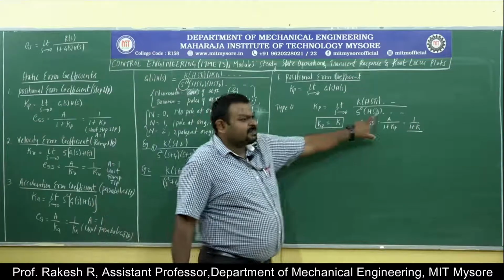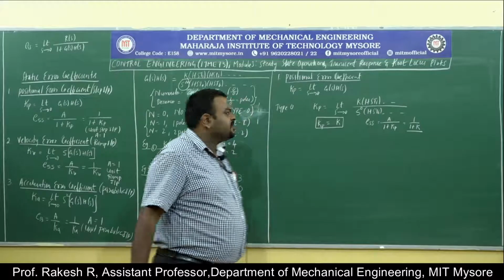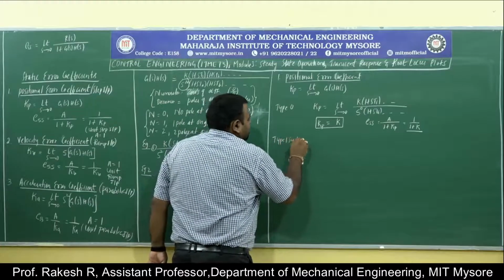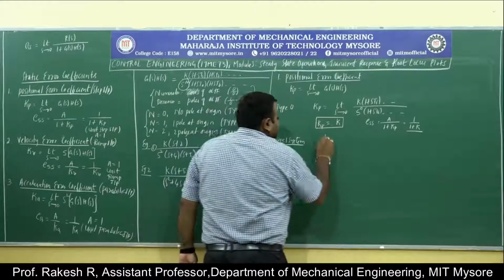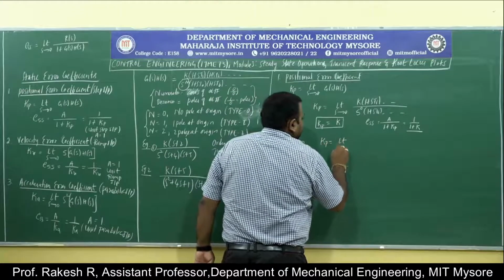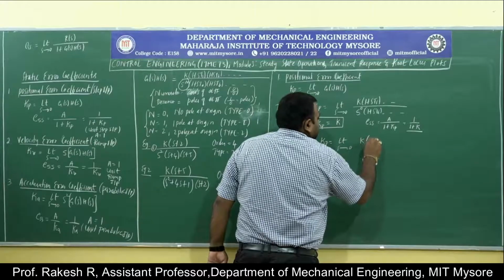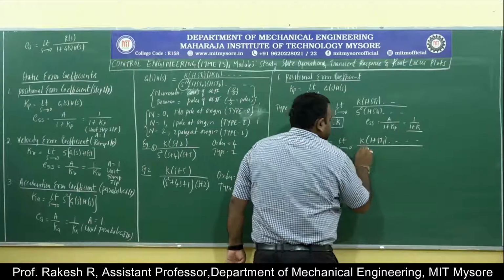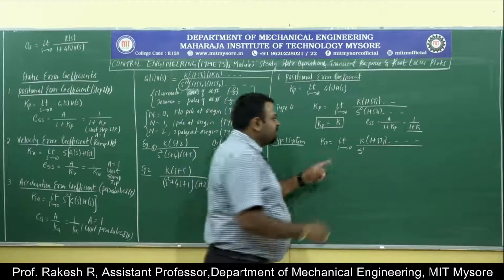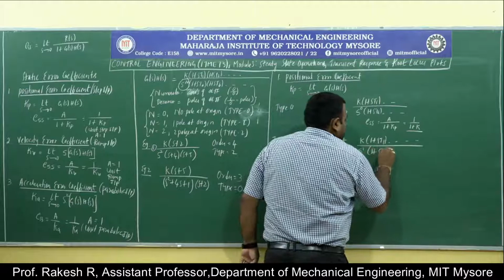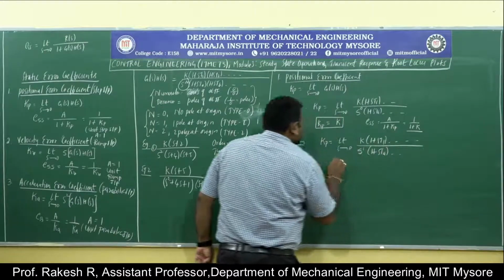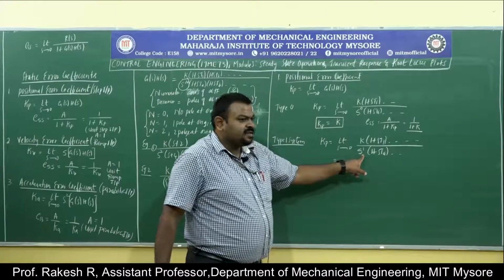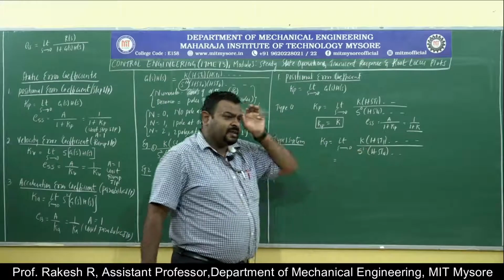This means there is some steady state error magnitude here. Next, if I consider a type 1 system, again Kp will be equal to limit of s tends to 0, K into (1 plus s T1) etc. divided by s, since n will be equal to 1 here, (1 plus s Ta) etc. If I solve this, since there is an s term here, if I give 0 here, what will be the value?